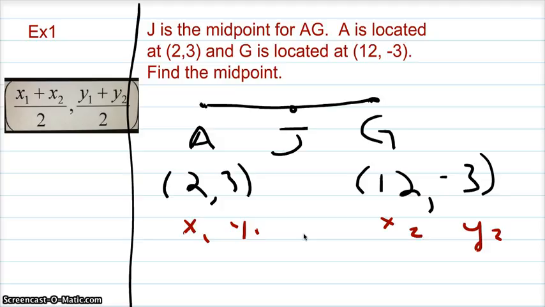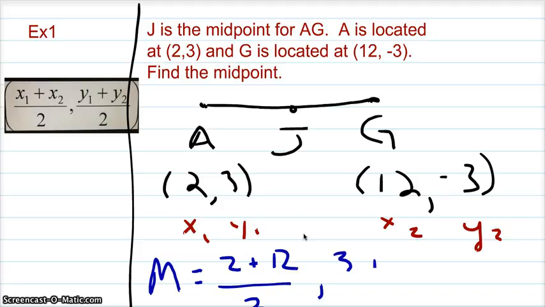So the formula is M equals (x1, which is 2, plus x2, which is 12) divided by 2, comma, (y1 plus y2) divided by 2.